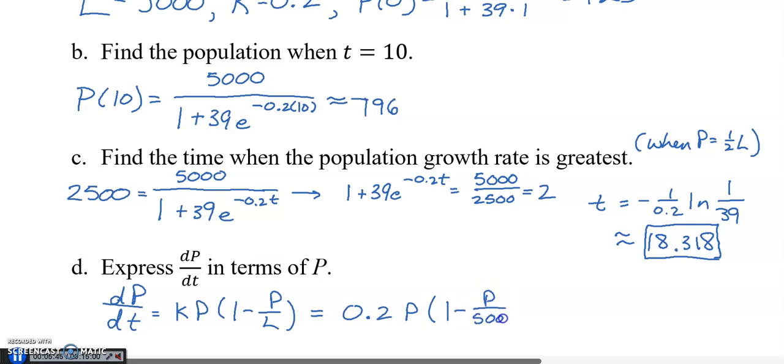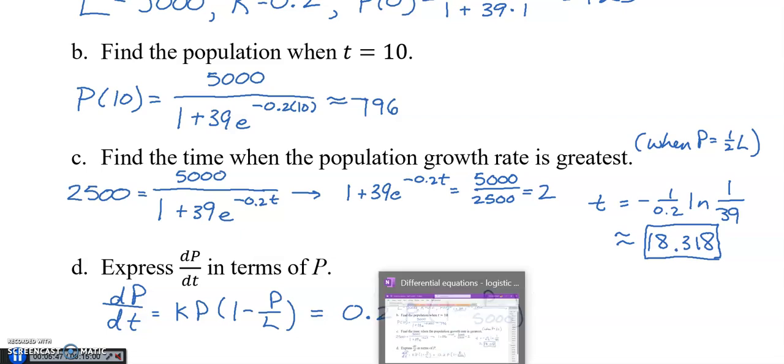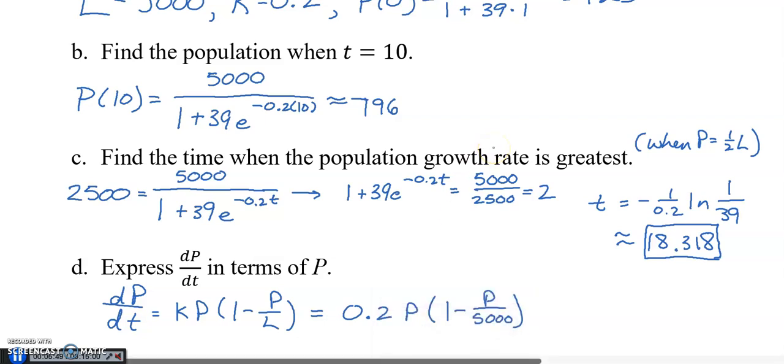And that's all we need to do, and we're done. So don't reinvent the wheel here. Don't redo derivatives that have already been done for you. Just use the formulas and go with it.